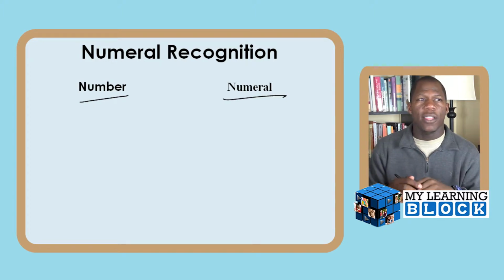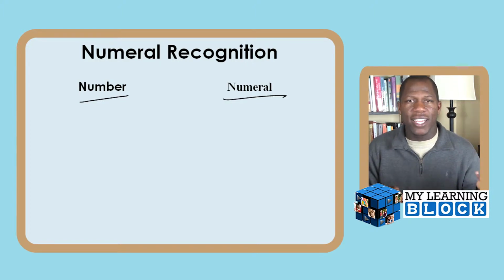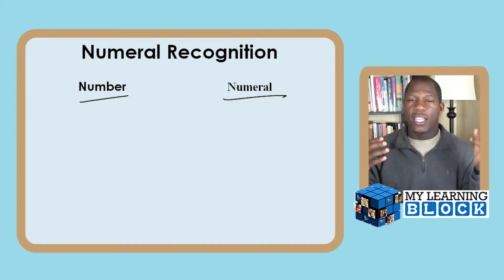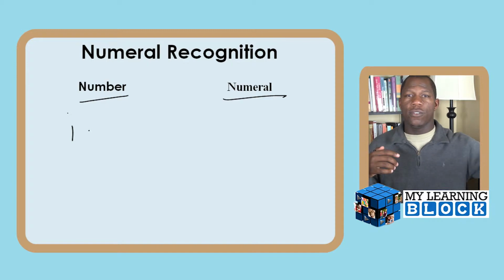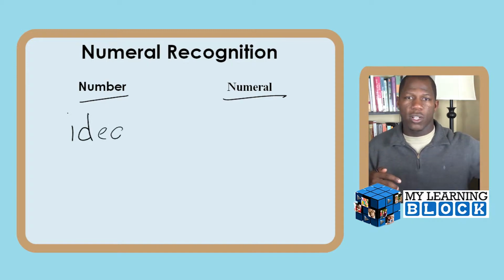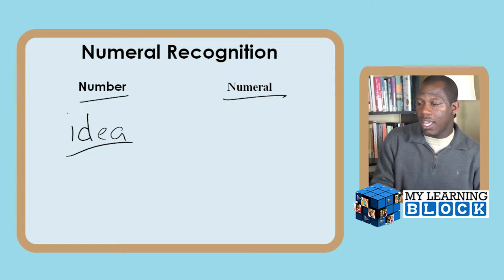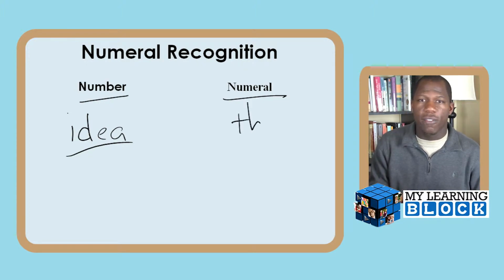If I say there are 10 raisins in that bag, you understand there's 10 in your mind. You can't necessarily see 10. You can't see 10 raisins, or the number 10 written out. But you can understand the idea, that there's 10.